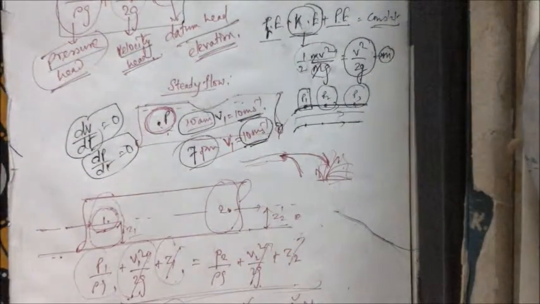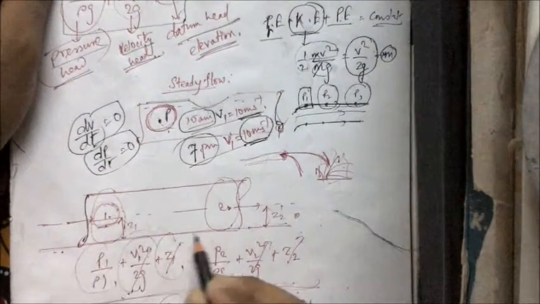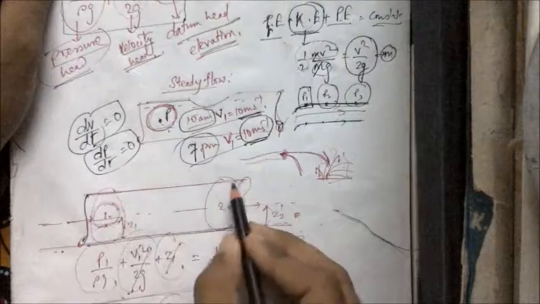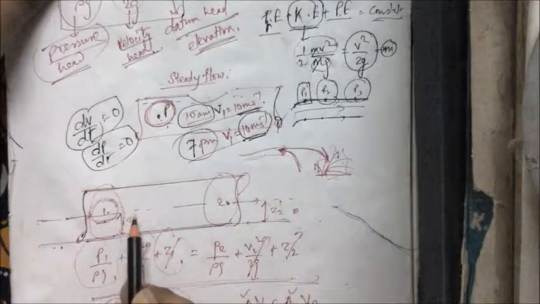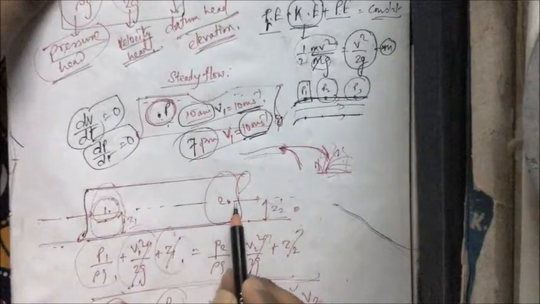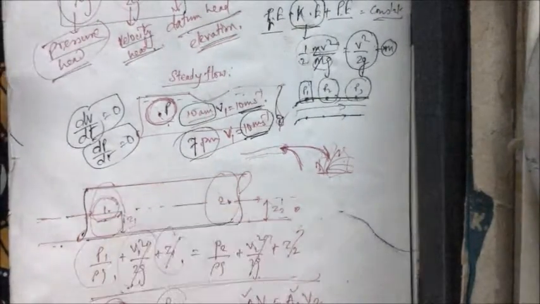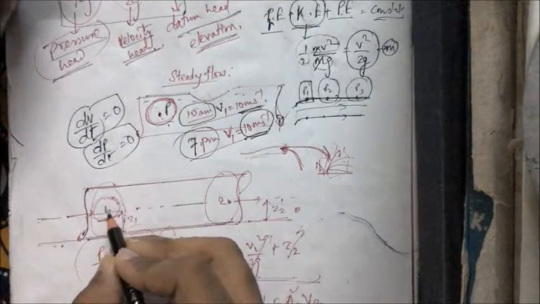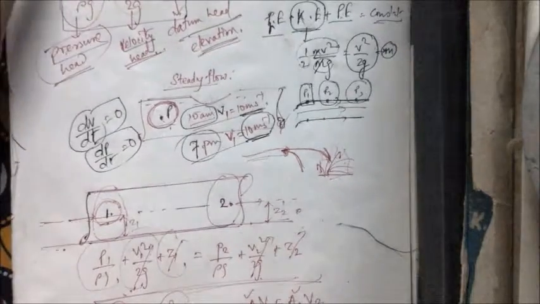Okay, suppose this is a horizontal pipe, and this line shows the center of the pipe. Now I will apply Bernoulli's principle at point 1 and point 2 of the pipe.